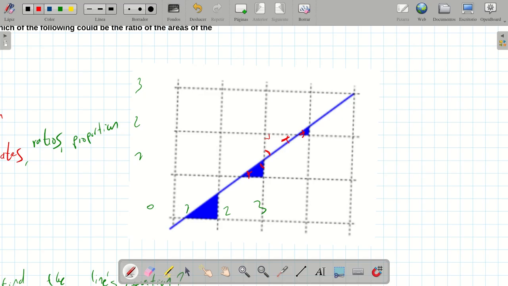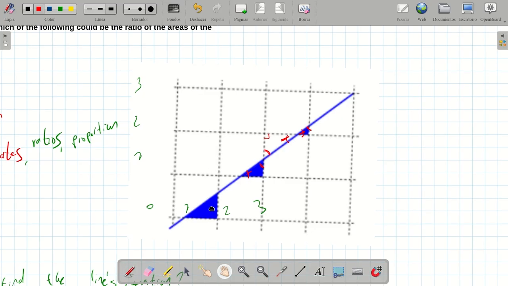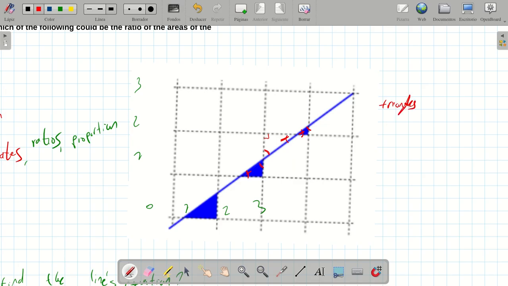And now it implies that this triangle here is equal to this. And now you can try on your own for this triangle. And that's the way that I prove that the triangles are similar.